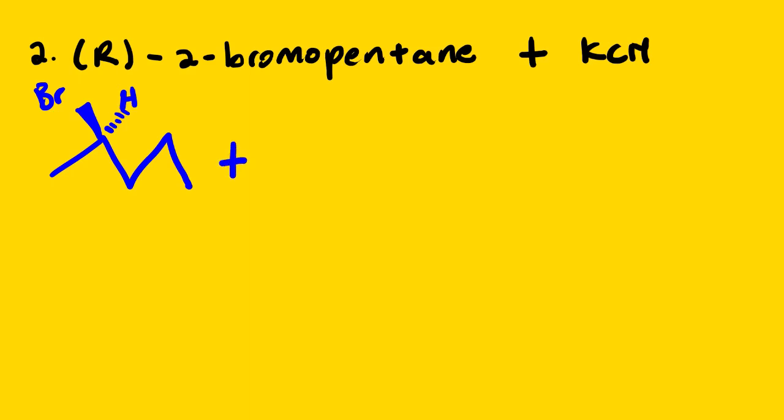So we react it with potassium. We know that potassium is positive and cyanide will have to be negative. So we have our leaving group as Br. This is the substrate, and then this will be our nucleophile. So this simply means that our cyanide ion will attack it from the back.